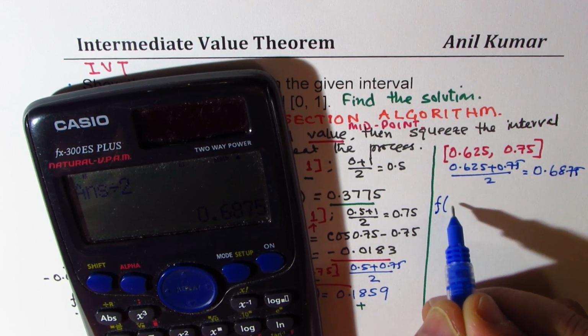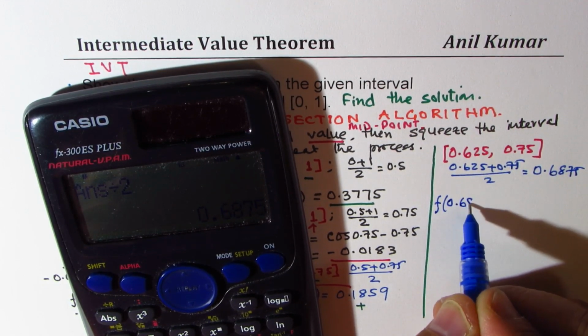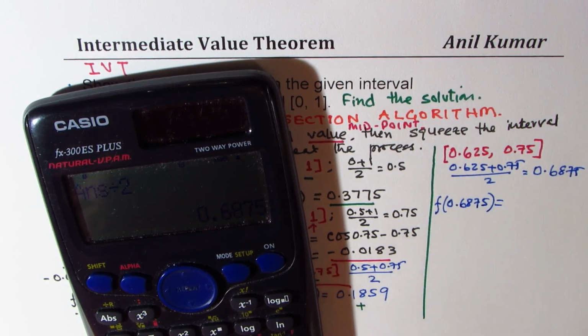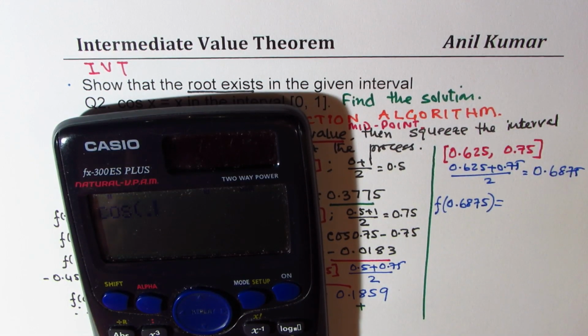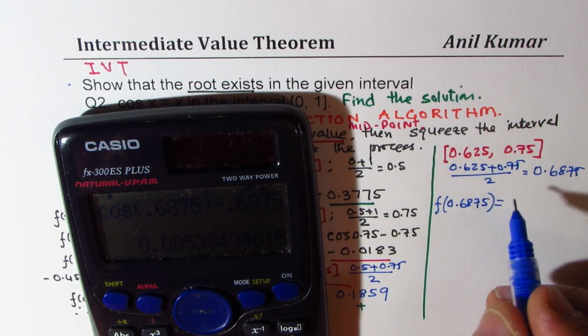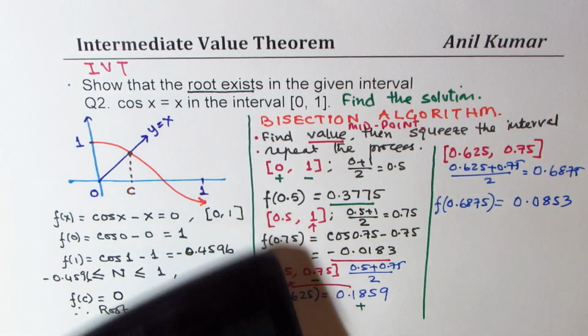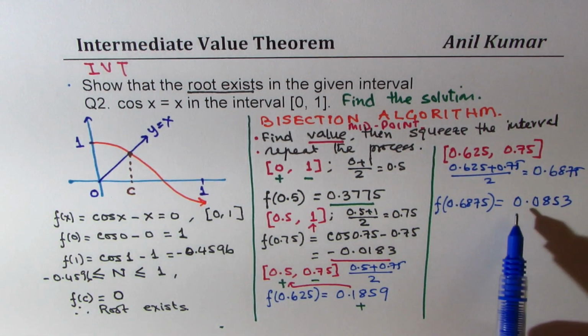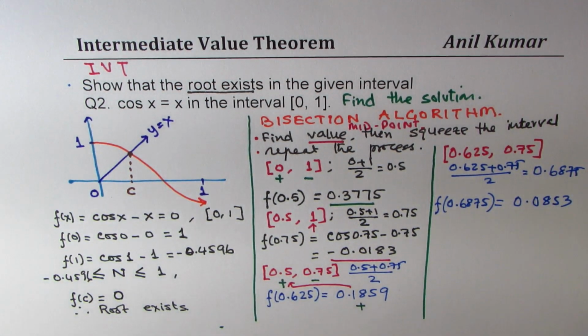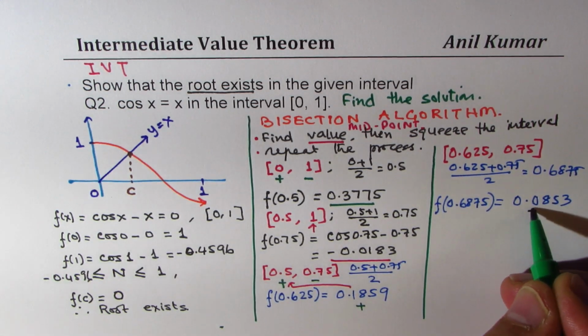Let's calculate the value of the function at 0.6875. That is cos of 0.6875 minus 0.6875 is equal to 0.0853. So that is very close, 0.08. Do you see that? Now it is again positive, right? So what we get here is a positive value.